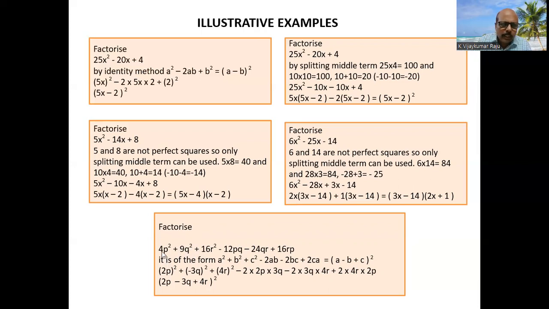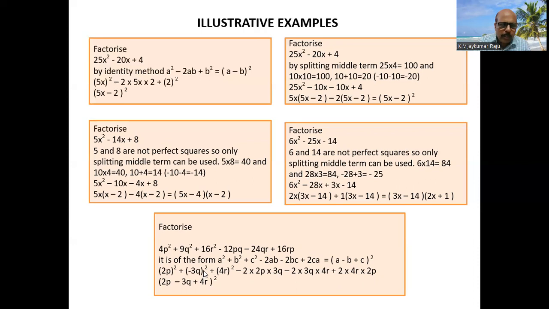So you will write this as 2p whole square, this has to be written as minus 3q whole square, and this is 4r whole square, minus 2pq, that is minus 2 into the first term into the second term, minus the second term into the third term, plus 2 into the third term into the first term.